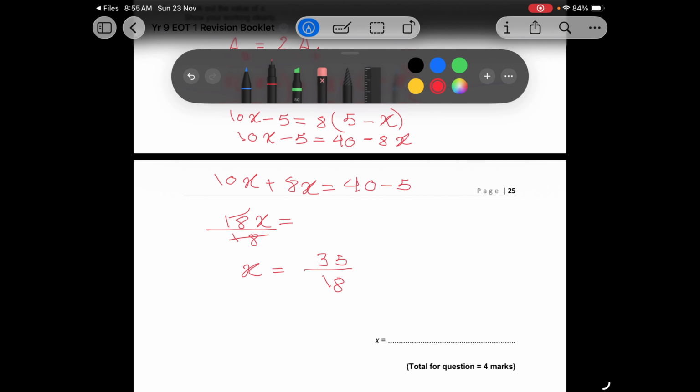Okay, so this will be plus, not minus, so plus 5, so it will be 45, and I will divide 45 by 18. Of course there is simplification, so sorry, this is 45, then x will be, you can divide by 9 for both sides. It will be 5 over 2, which is 2.5, or you can write x equals 2.5 centimeters indeed, and that's it.